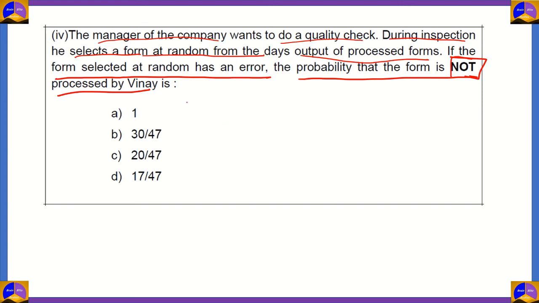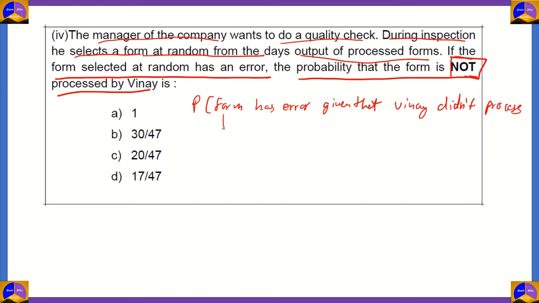So in this question, we need to find P of form has error, given that Vinay didn't process the form.